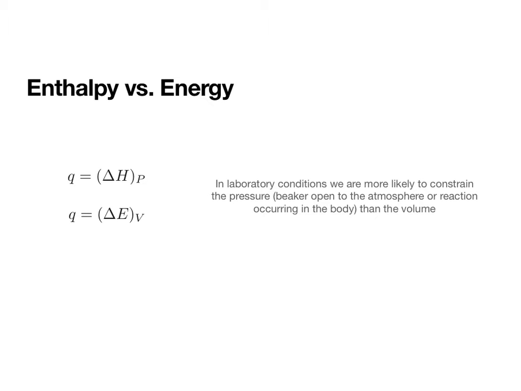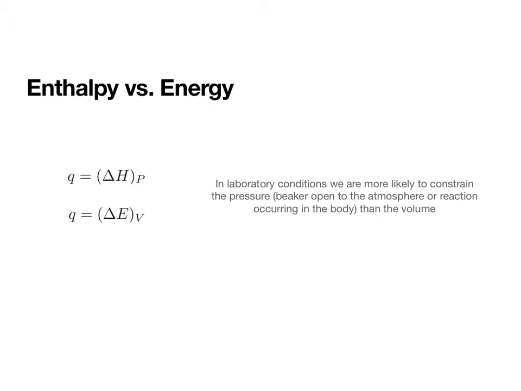Okay, so enthalpy versus energy. Remember that enthalpy is a different form of energy. Both are able to figure out Q. It's just that if we're using energy, we have to have a constant volume. In enthalpy, we have to have a constant pressure.